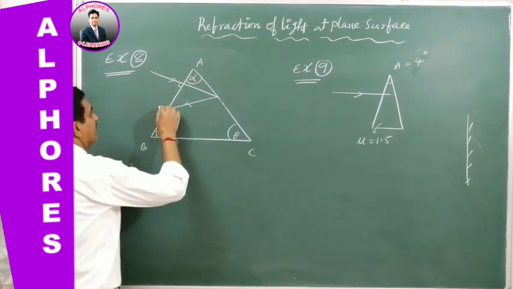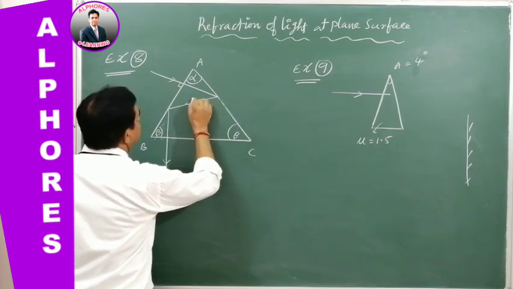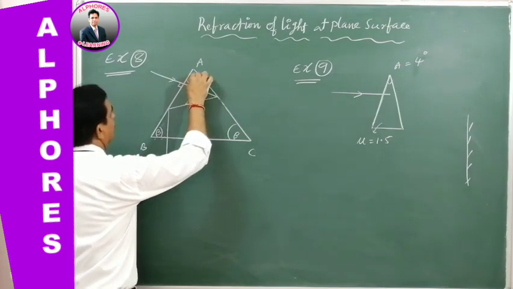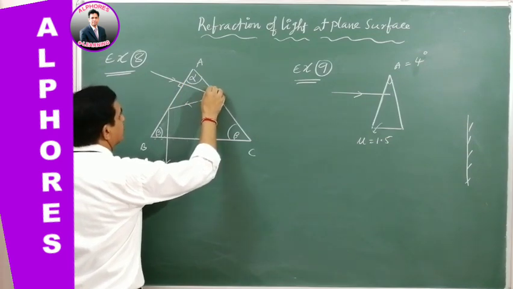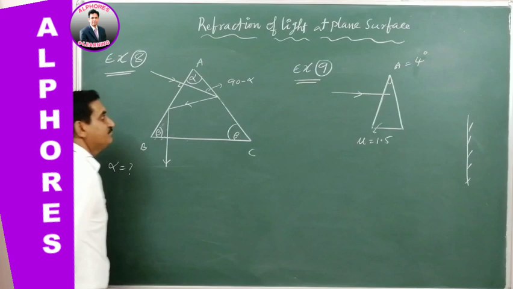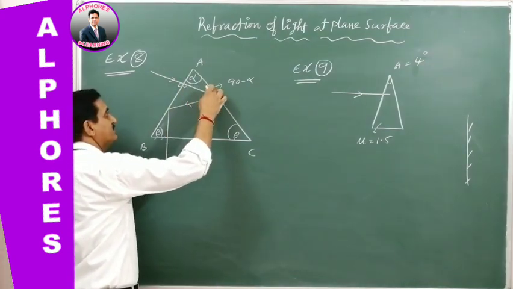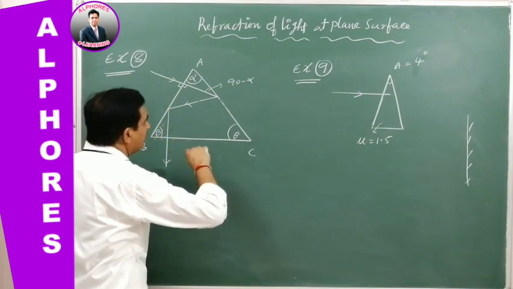Now here a normal is drawn at this surface. Now this is alpha, this is 90. What is this angle? 90 minus alpha. See here, this is right angle 90, this is alpha, this is 90 minus alpha. Okay.